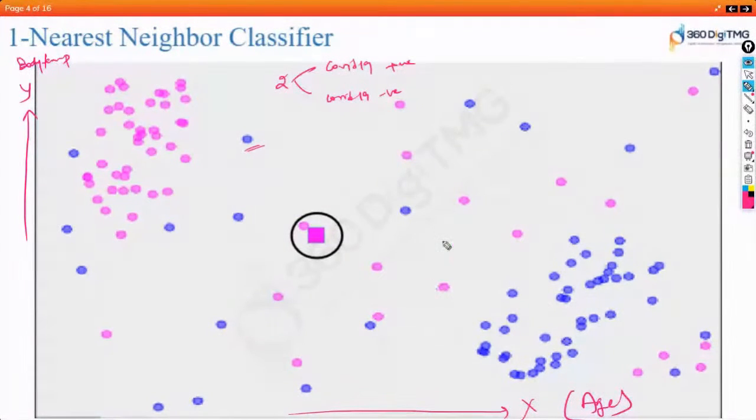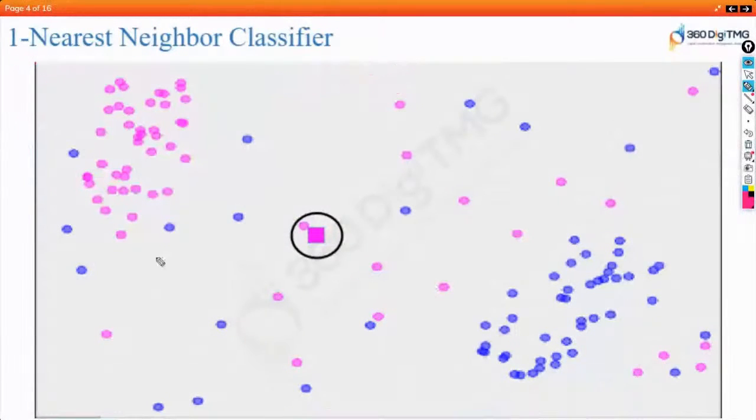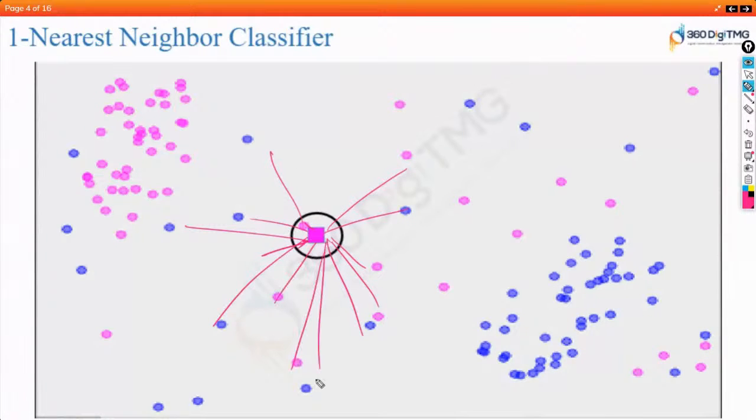Mathematically, in order to identify that, we take this new data, new patient, and we measure the distances to all the existing historical data.